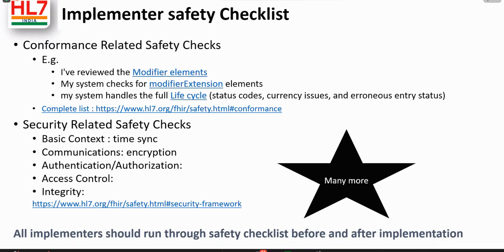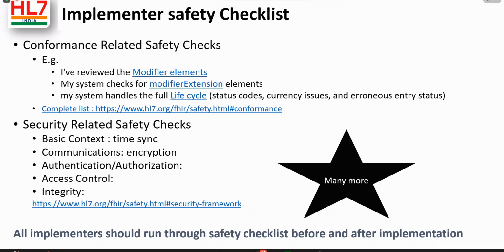Are you handling the status codes, concurrency, and error scenarios properly? When you go through that checklist, you are sure that you are not writing just a technically correct application, but also a clinically relevant, clinically safe application. It helps you go through one more round of clinical safety iterations.